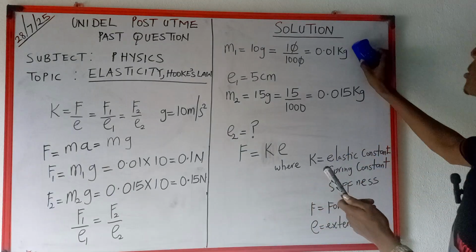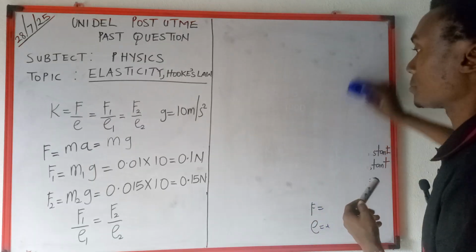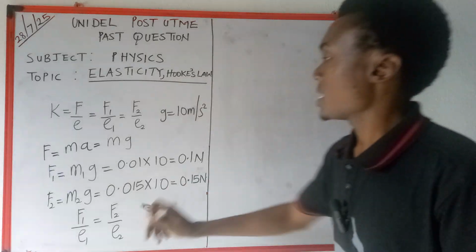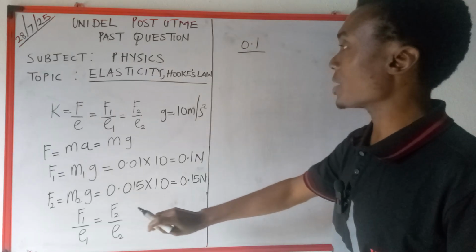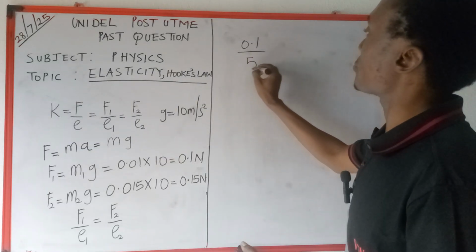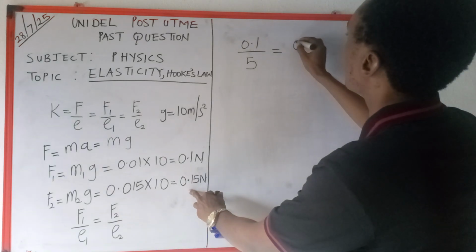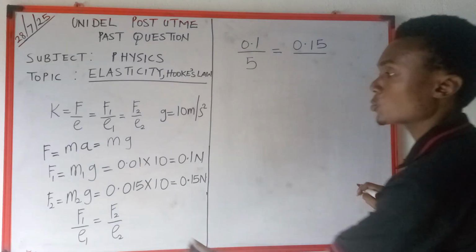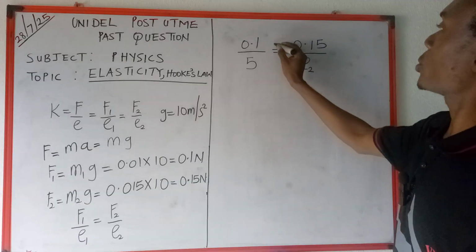Remember, F1 is 0.1 and E1 was given as 5. F2 is 0.15, over E2, which is unknown. When you get to this part, cross multiply.